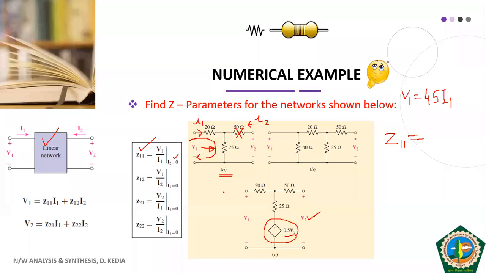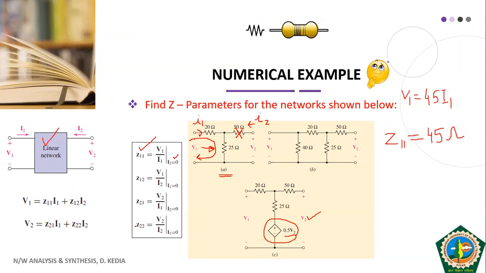We want V1 upon I1 with I2 equal to 0, so Z11 is V1 upon I1, which is 45. It is impedance, so its unit is ohm. So Z11 is 45 ohm.